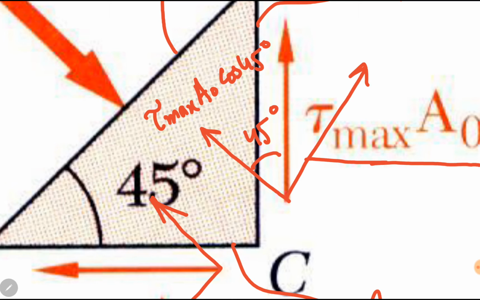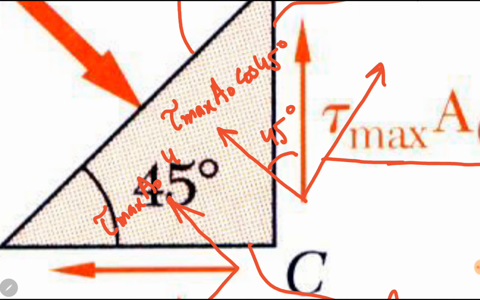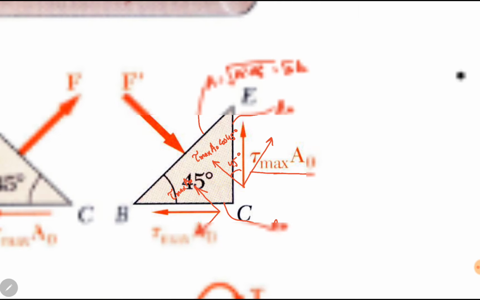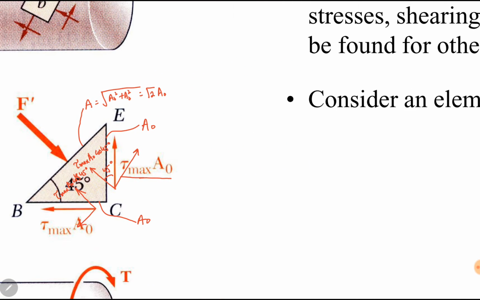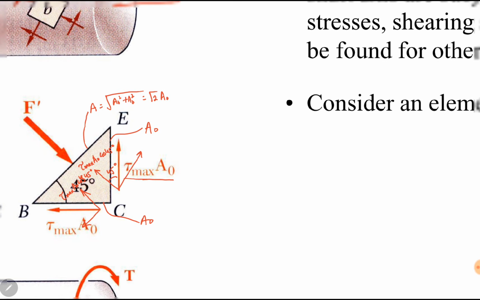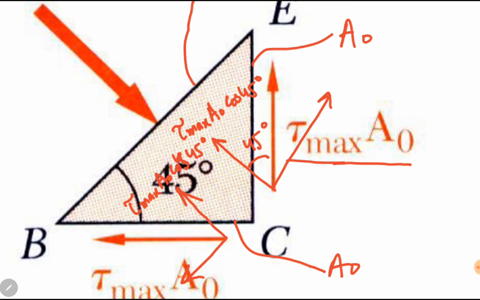This component is also tau maximum A naught cosine of 45 degrees. So if we take the summation of forces equal to 0 in the direction of F, there are three forces. One is force F dash or F, and the other two are tau maximum A naught cos 45 and tau maximum A naught cos 45.